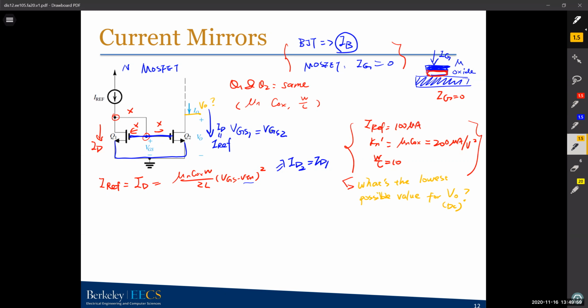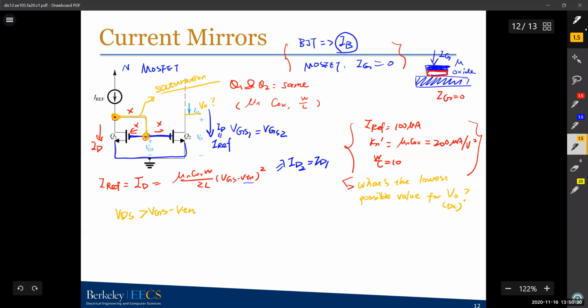So for the current mirror, why do we always connect our gate to the drain? We connect them to make sure the device is in saturation. Recall that the saturation regime for a MOSFET is when VDS is greater than VGS minus VTN.